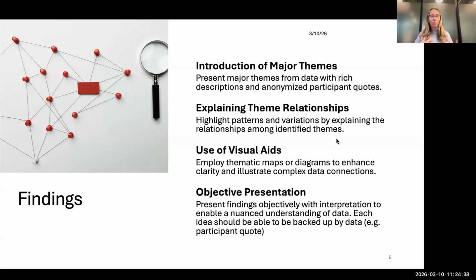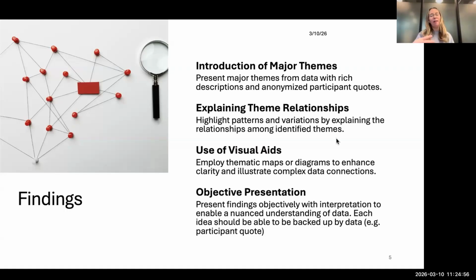Go back to your data, and one of the things that I would recommend is going into PowerPoint and actually putting the participant quotes onto the screen and taking a look at them to see where they fit.